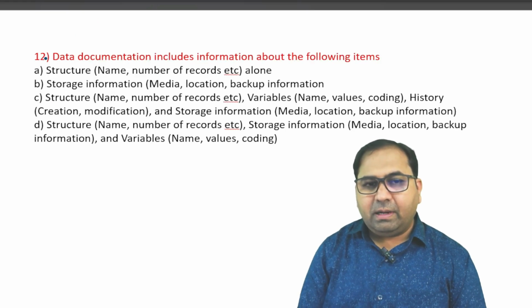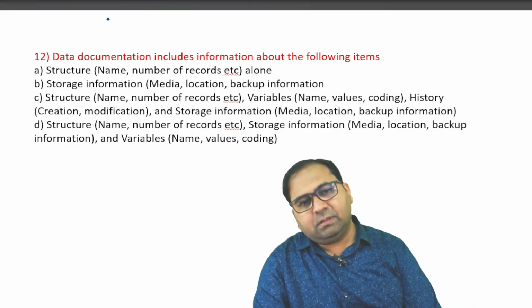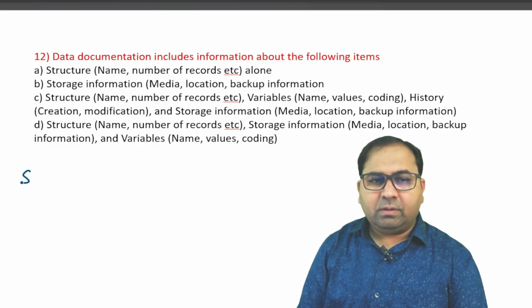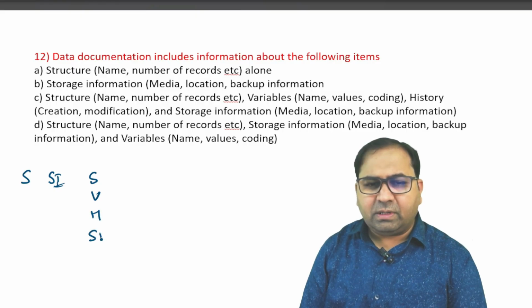Next, data documentation includes information about the following items. The options are A, structure alone, or B, storage information, or C, structure, variables, history, and storage information, or D, only structure, storage information, and variables.